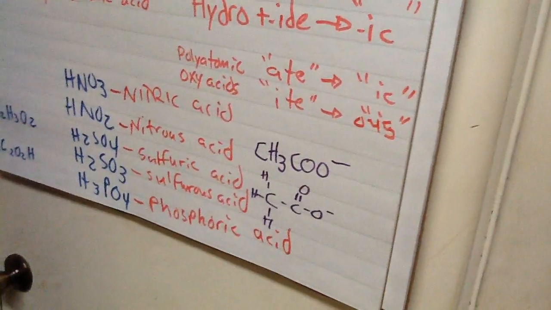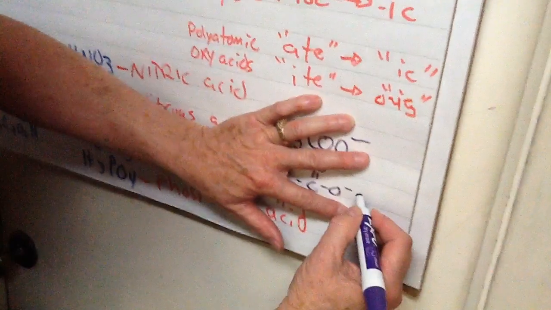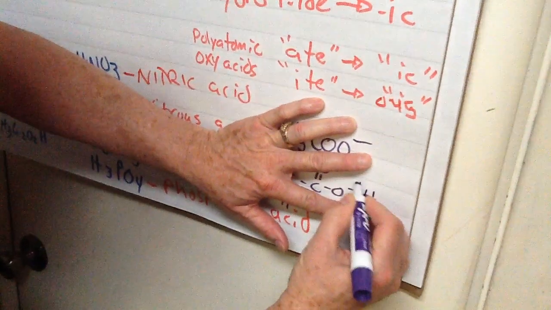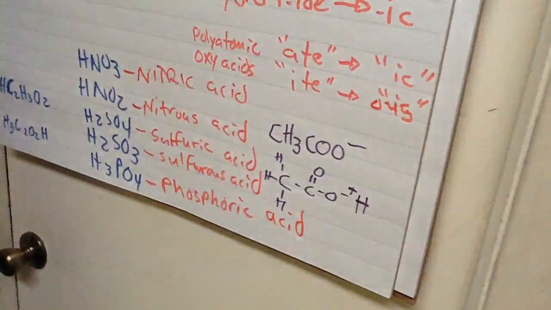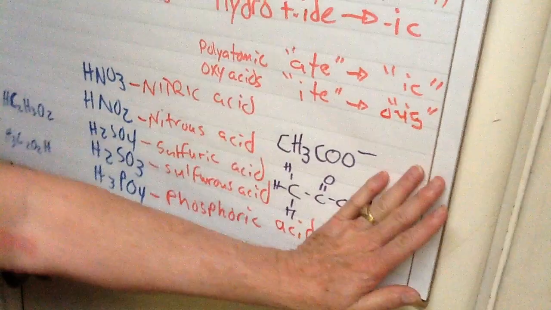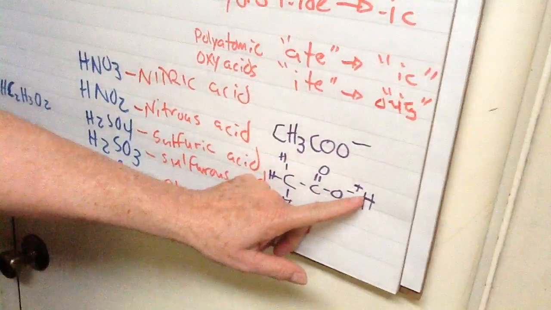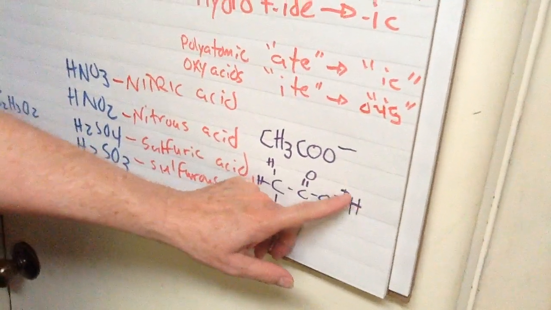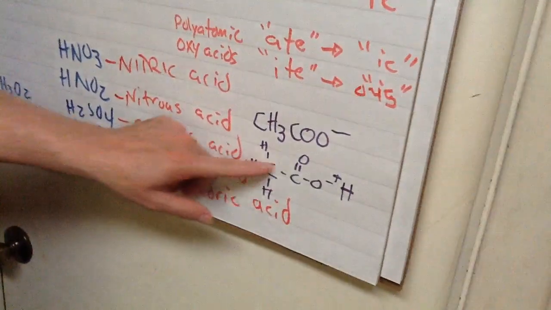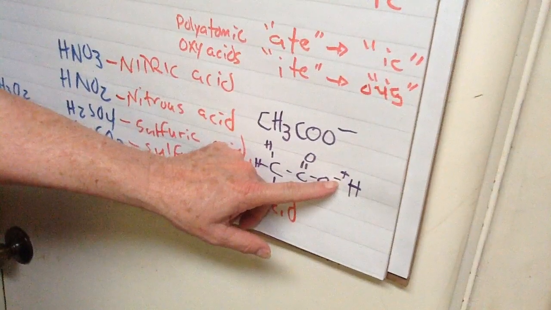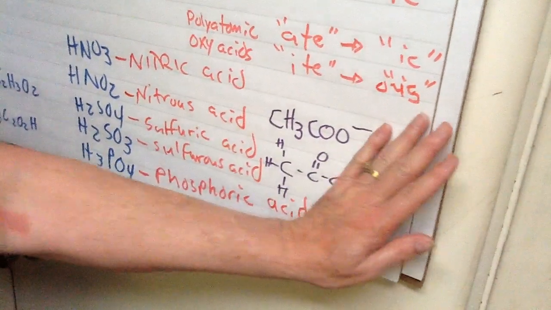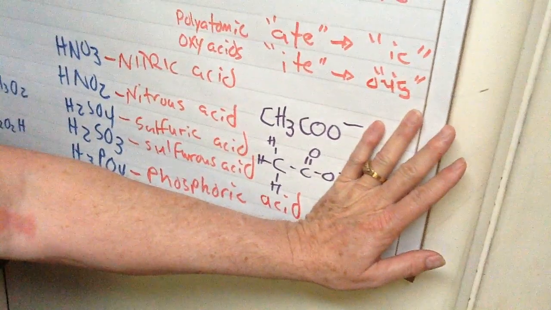And you can see I can get an H+ to form an ionic bond in this acid between this part. And so you're going to see crystals of sodium acetate. I'm going to put an Na+ here with this acetate minus anion. You know it as acetic acid.